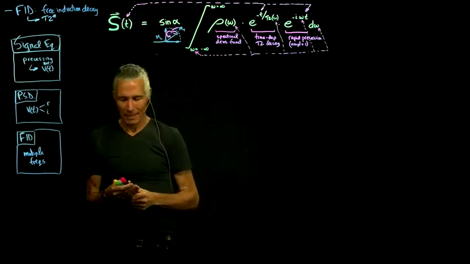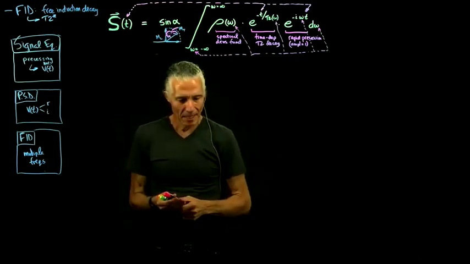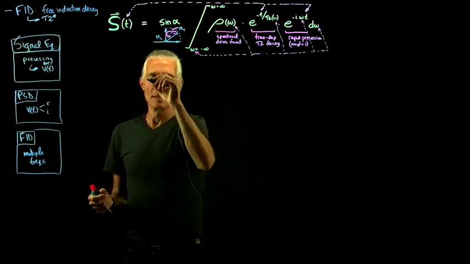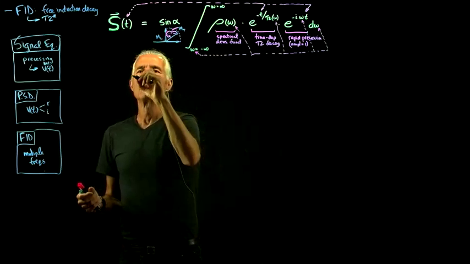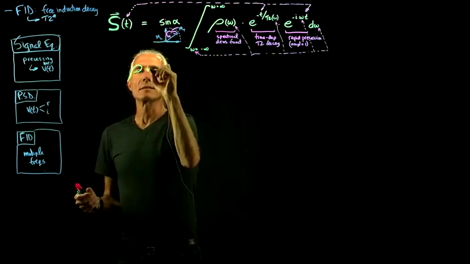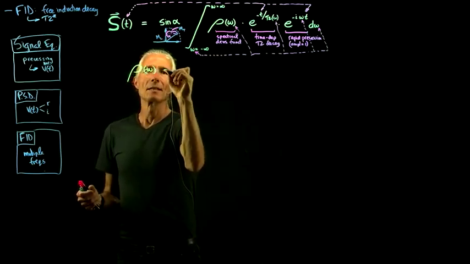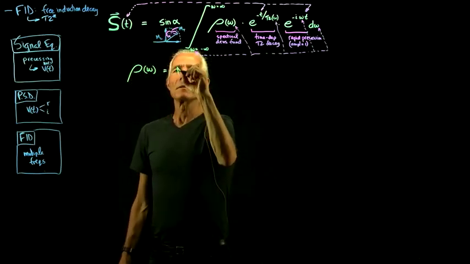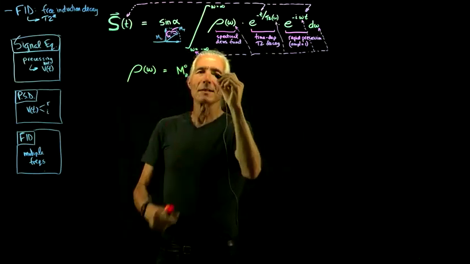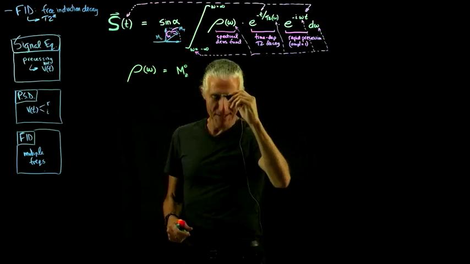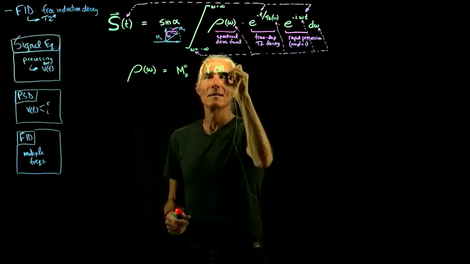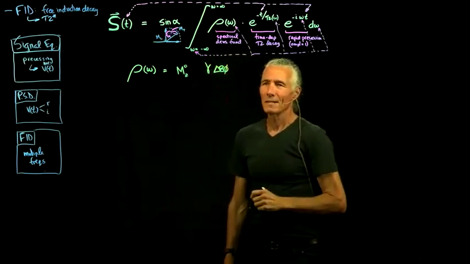Okay, so now let's just assume that we got some kind of distribution. So let's assume that this thing looks like the following. And so we'll have an MZ0 in there, and then we'll have that thing.